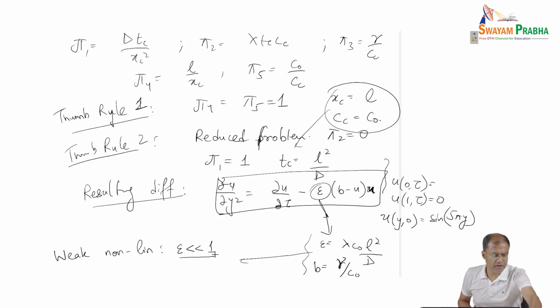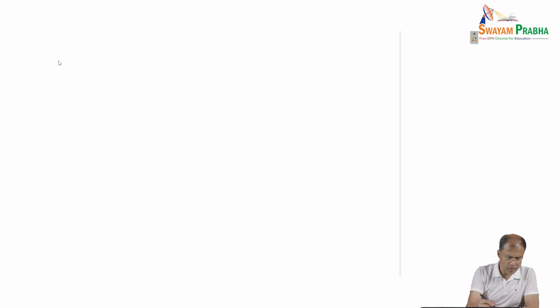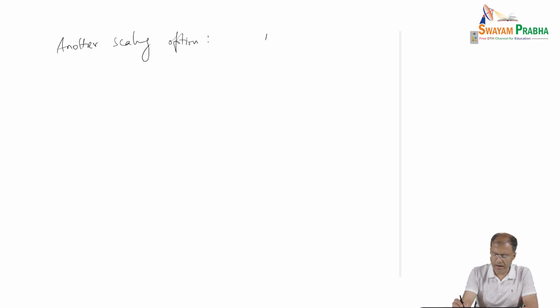Of course, as we have seen in the previous example, this sort of scaling is not unique. We could have more than one option. We could look at another scaling option as follows. We could have set pi 1, which is D t_c by x_c square, to be small. So this is our epsilon.